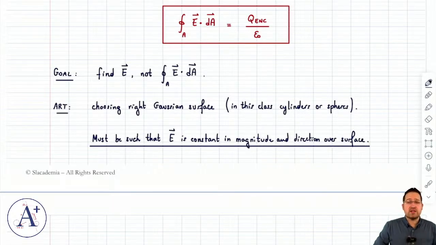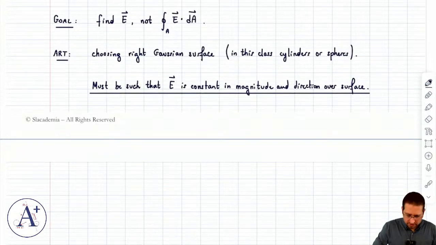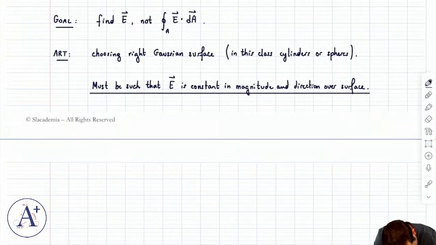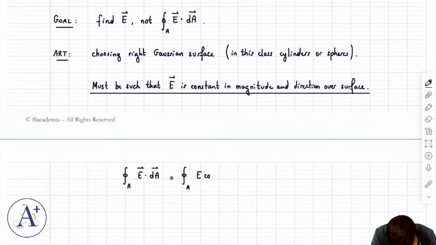Okay, because if it is, math tells me that I get to do the following. I get to say that my flux through my closed surface, so the integral over the closed surface of E dot dA, is going to be the integral over the closed surface of E cosine theta dA.